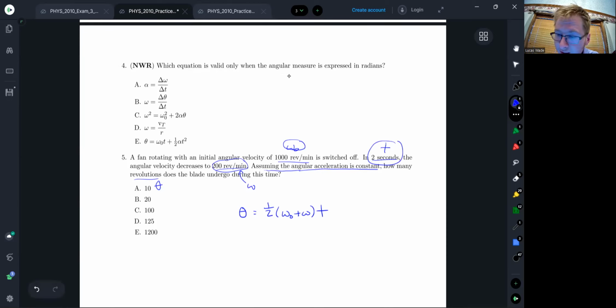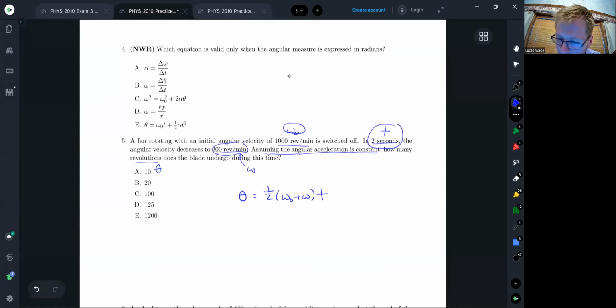Because we need consistent units to be able to get out just revolutions. If we had revolutions per minute multiplied by seconds, we'd have units of revolutions times seconds per minute, which is not just revolutions. So for the sake of less work, I'd say convert the time, because then that's only one conversion compared to converting both angular velocities.